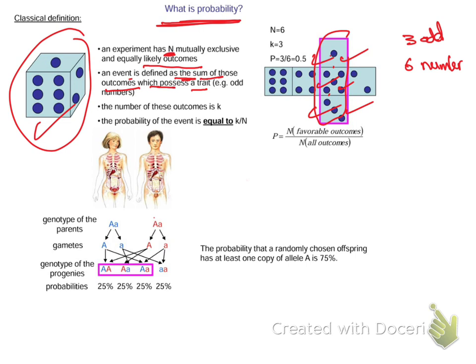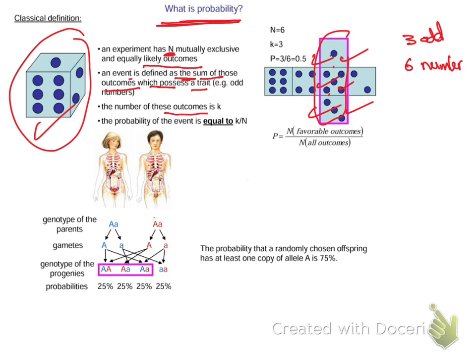So for the number of outcomes, for example, I have 5 people with green eyes, and the total number is 100. Total number of people with different colors of eyes, 100. So what I'm looking for, the outcome, is the people with green eyes. So this is my favorable trait, my favorable character, my favorable outcome.